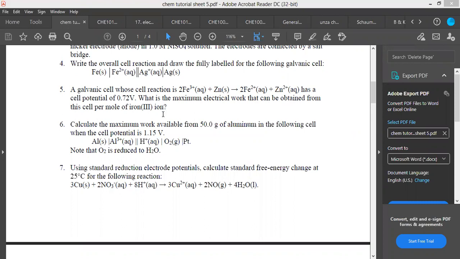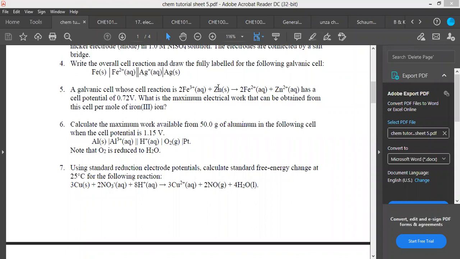So we are answering this question in relation to the iron, the Fe3+ ion, the one that is being reduced. So what we're going to do here is first we break this equation down into half equations.